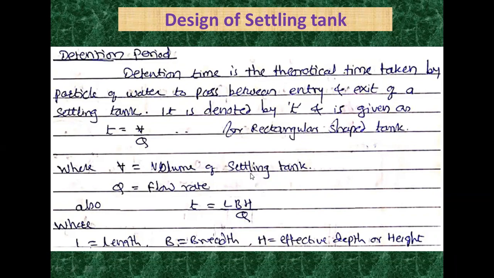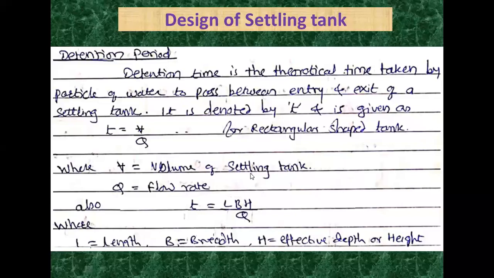Okay. So in yesterday's lecture, we saw this point also, detention period, and we have in previous slides also seen this point, detention period. Detention period or detention time is nothing but the time taken by the fluid particle or water particle to pass between the entry point and exit point.